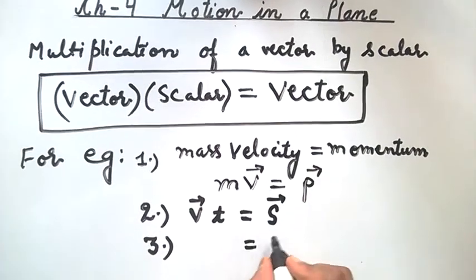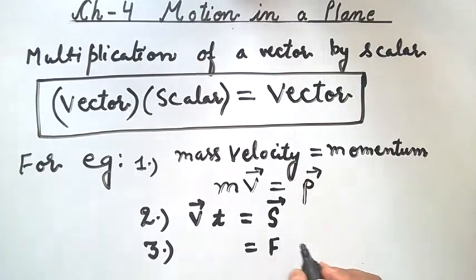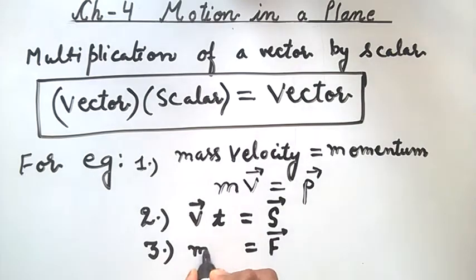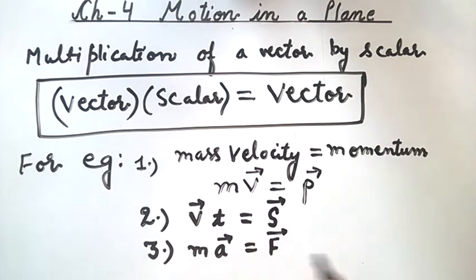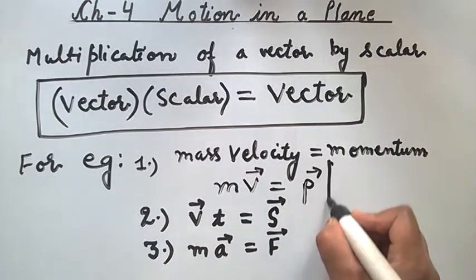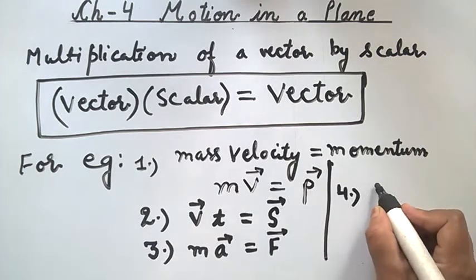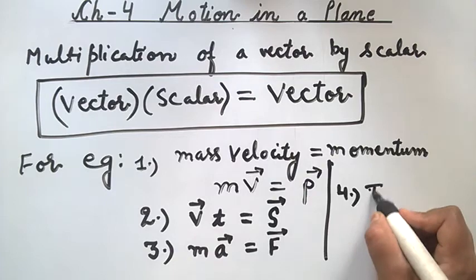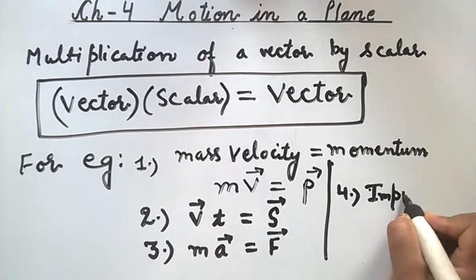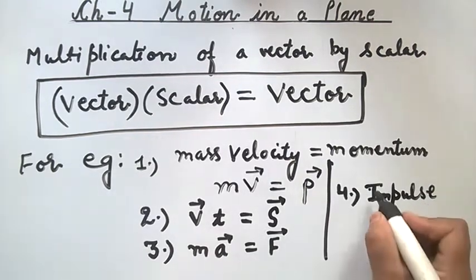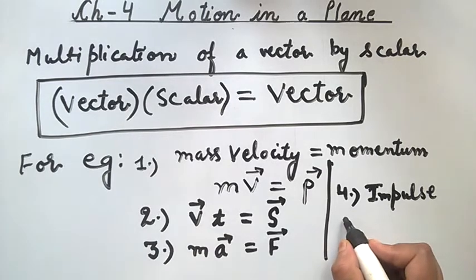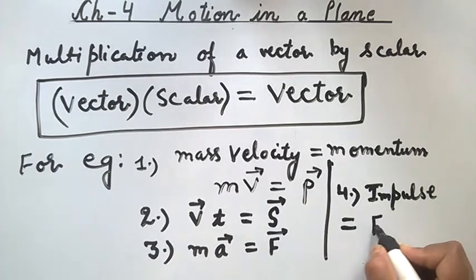Force is a vector quantity and it is a multiplication of a scalar into vector. Or impulse is also a vector quantity and it is equal to force into time.